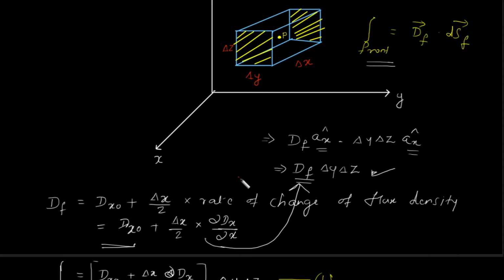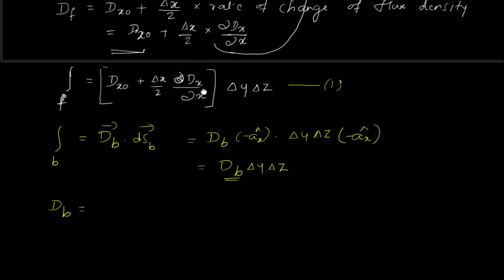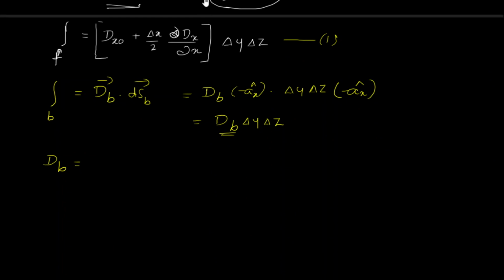Okay, keeping these things in mind, I can now easily write the equation for dB as something like this. So dB can be written as minus of dx naught, the minus of the entire front process, but here the distance measured is minus delta x by 2 also.